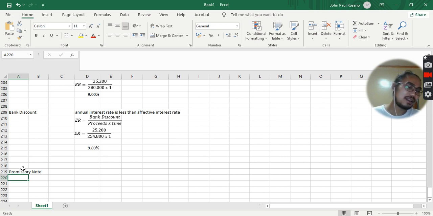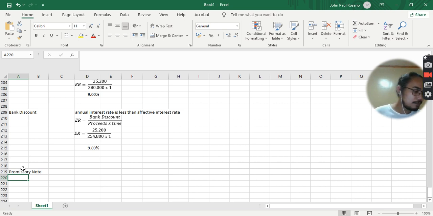I don't know if it's still applicable now, but you know the promissory note, when you pay your org dues but don't have money yet, you write a letter saying I promise to pay this amount on this date. Right? So that's the promissory note.